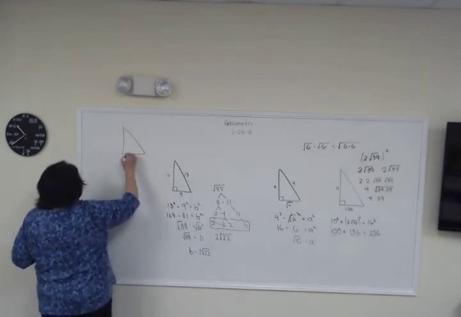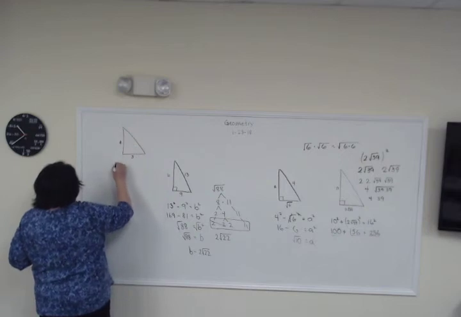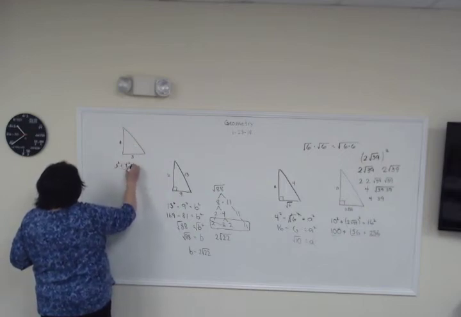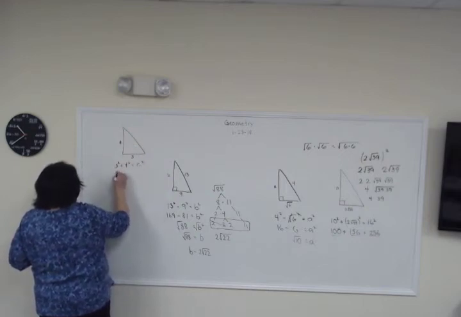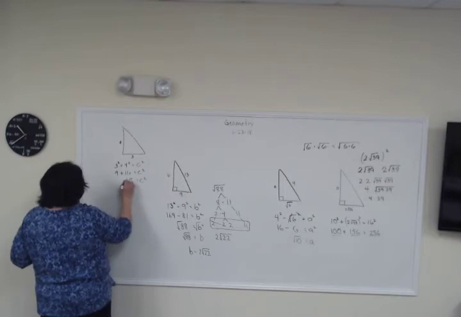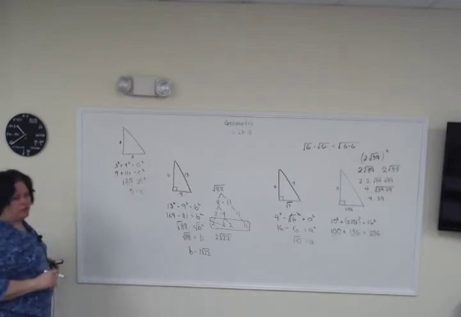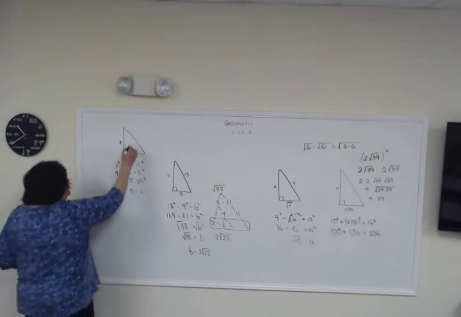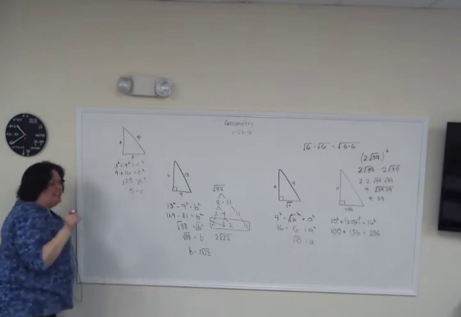When you have 3 and 4 for legs, 3 squared plus 4 squared equals c squared. 9 plus 16 equals c squared. 25 equals c squared. So you take the square root of both sides, and 5 equals c. 3, 4, 5.